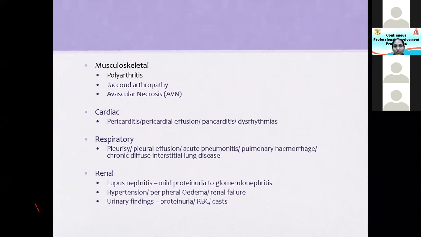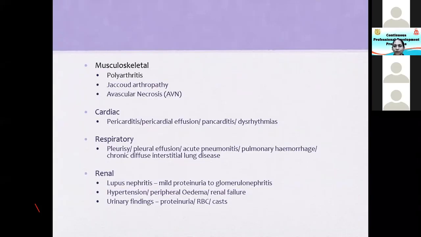And you can have musculoskeletal involvement. They can present with polyarthritis. Usually they do not have chronic deformities, the correctable deformities, the Jaccoud arthropathies, avascular necrosis.